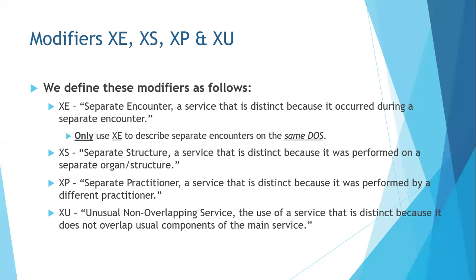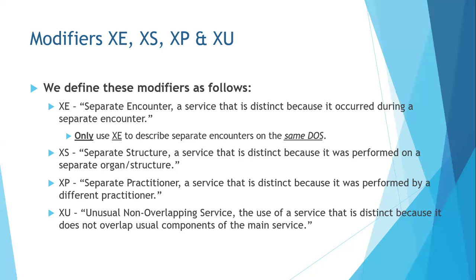If you look up your column 1 code and you find your column 2 code and it says that you can't bill them together or you can bill them with a modifier, you need to know the circumstances around when you can bill it with a modifier 59. And that's where these X modifiers came into play a few years ago. Okay, so hopefully that wasn't too muddy.